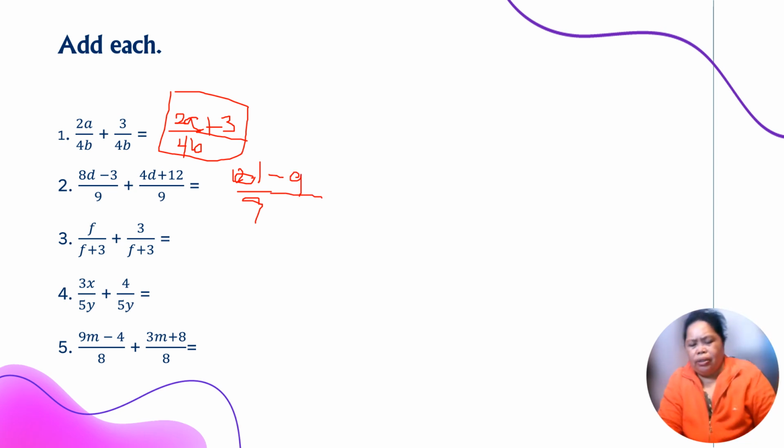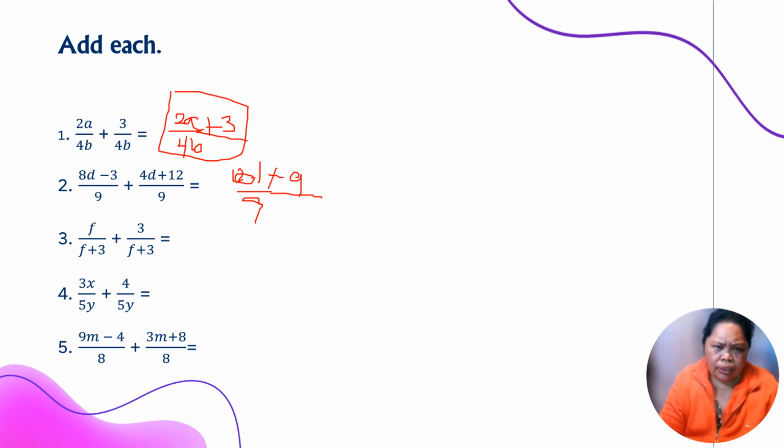Okay, 12d minus 9, or plus 9 pala. 12d plus 9. Got it? So we can divide both sides by 3 to make it simpler.